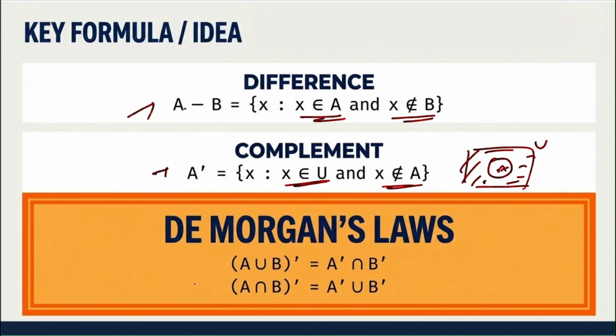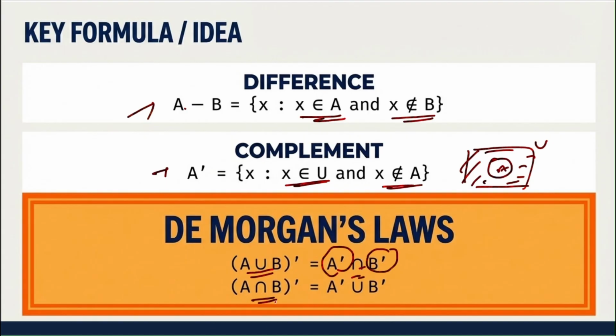Now, in relation to this, we have some important laws which are known as De Morgan's laws, and these are widely used in the semiconductor domain as well. So, we have De Morgan's laws here, where we take the complement of union and we get individual complements with an intersection sign.